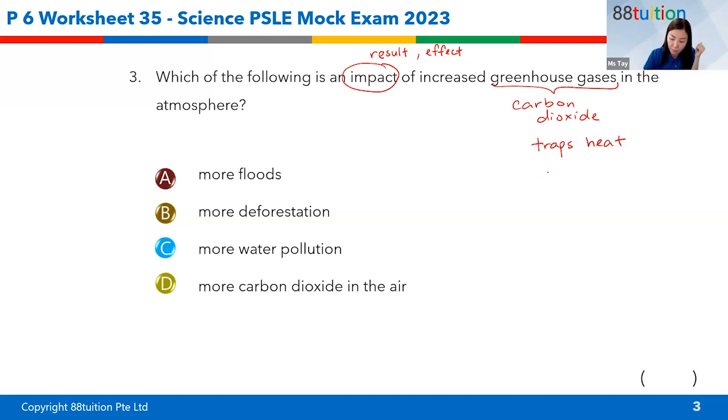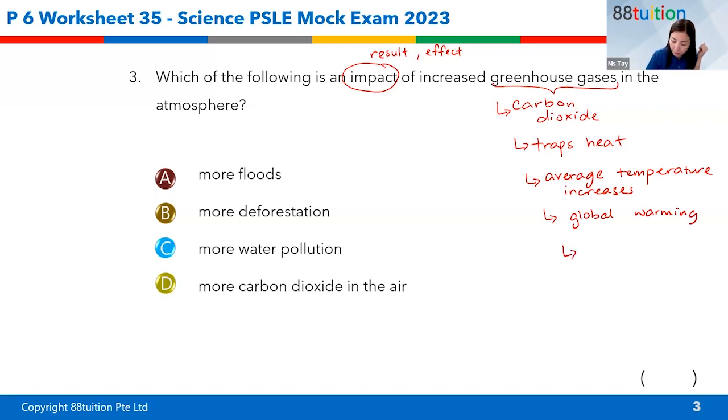Good. So the average temperature increases, right? Okay, and then this leads to global warming. And what happens when there's global warming?